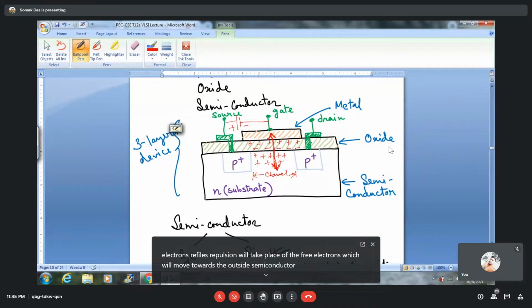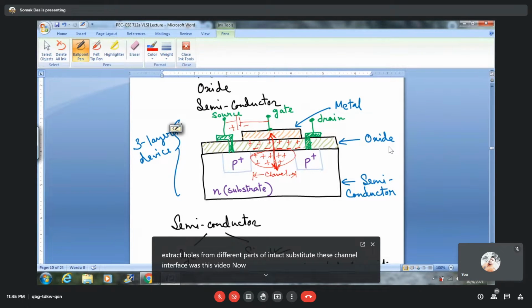Now these free electrons moving towards the oxide semiconductor junction will attract holes from different parts of the n-type substrate towards this channel interface, towards this region.